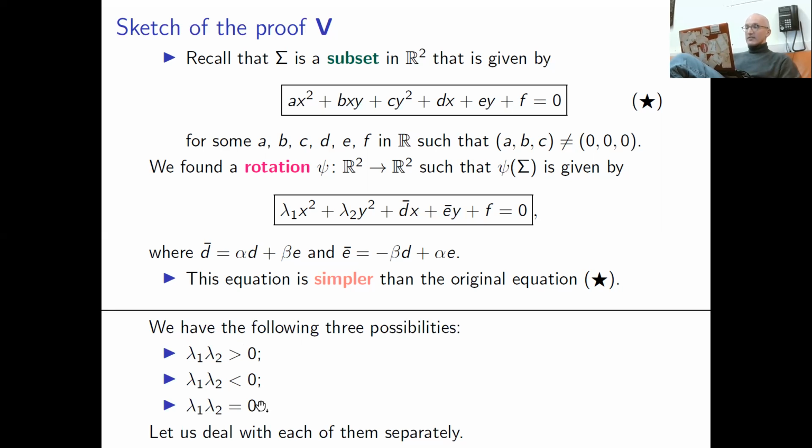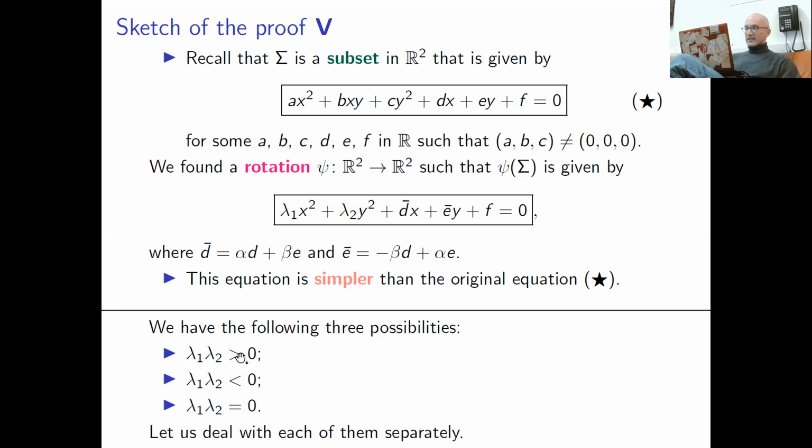And there is a case when lambda 2 is 0. Because I assumed without loss of generality that lambda 1 is not 0, if you don't assume it and want to write it in the most symmetric way, you put lambda 1 times lambda 2 is 0 as the third case. So we deal with these three cases separately.